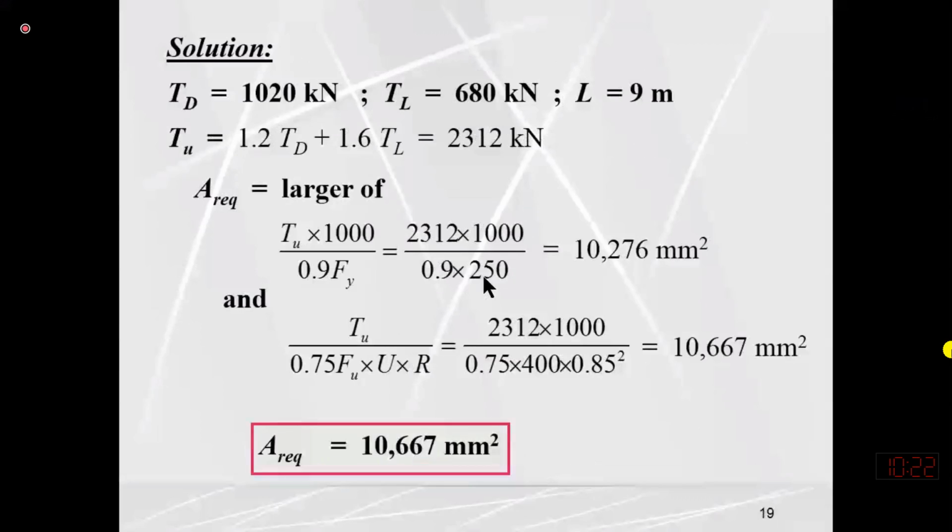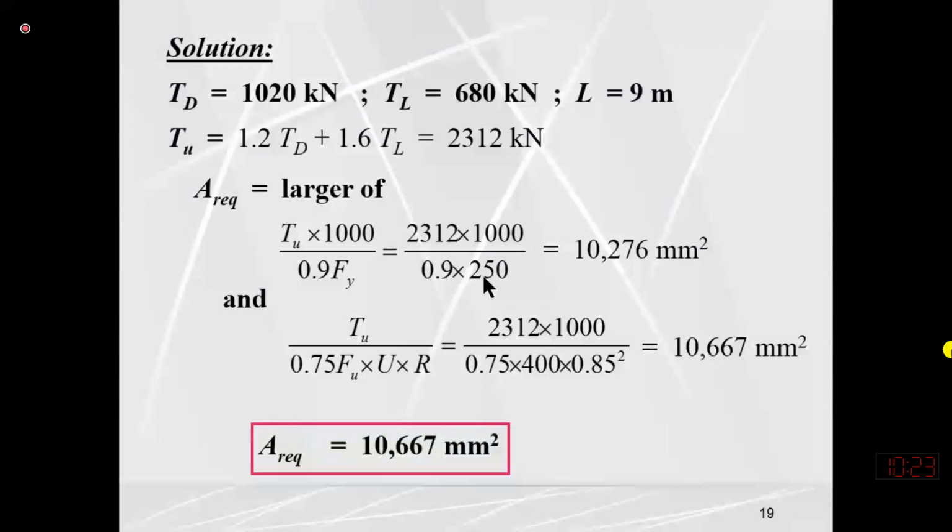Now I am on page number 45, moving from below. None of the sections has area equal to or more than our required area. Then on page number 44, none of the sections has area more than 10,667.